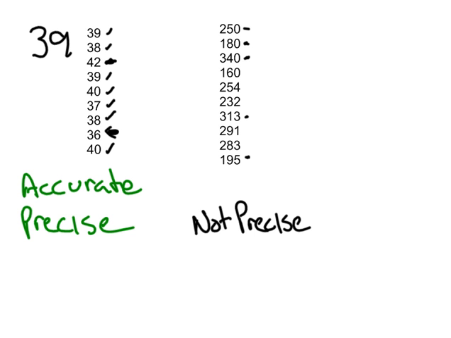Now, are they accurate? Well, we don't have an actual answer. If you do not have an actual answer, you cannot determine if it's accurate or not. That is the way it works.